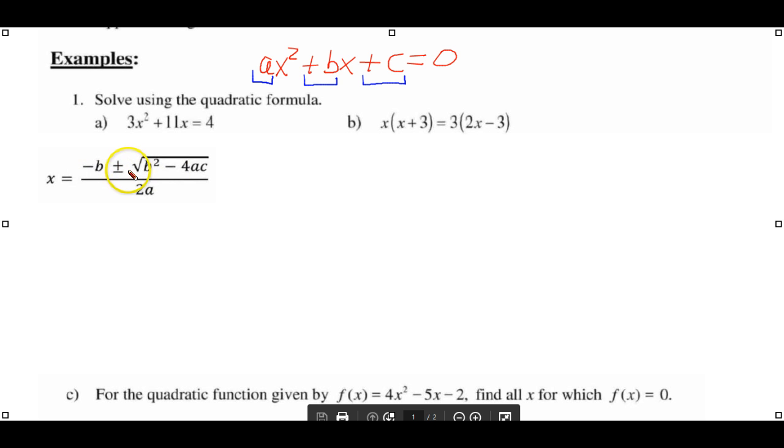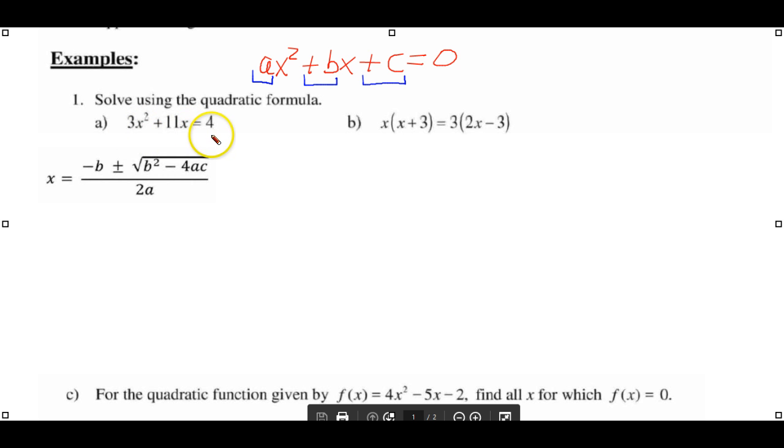Now, it was solved from this formula, so these values reflect that it must be in this order. So as we look at example 1 here, is this equation in standard form?